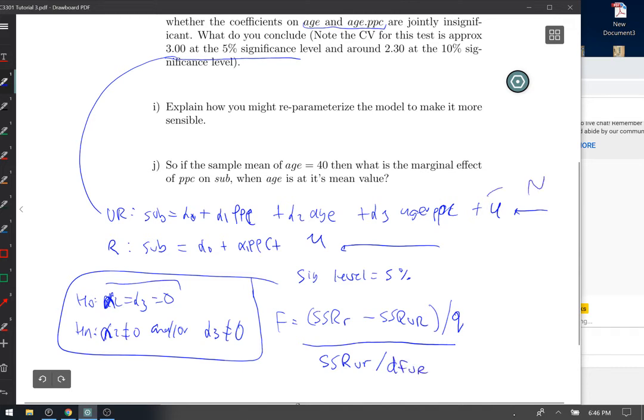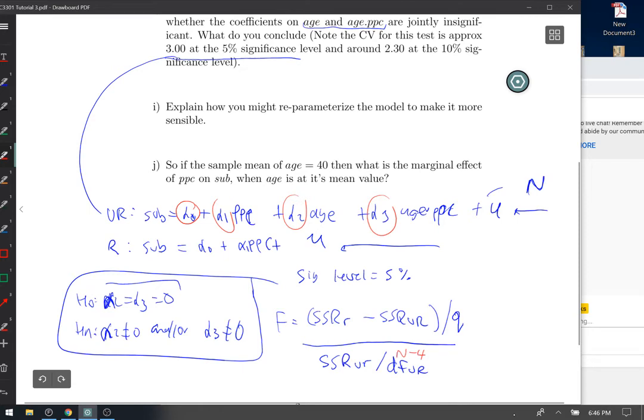And you don't need to remember the n minus k or n minus k minus 1. It's easy. It's just n, the sample size. The degrees of freedom is n minus the number of parameters estimated. So it obviously includes the constant. So we've got 1, 2, 3, 4 here. So the degrees of freedom is just going to be n minus 4 here.